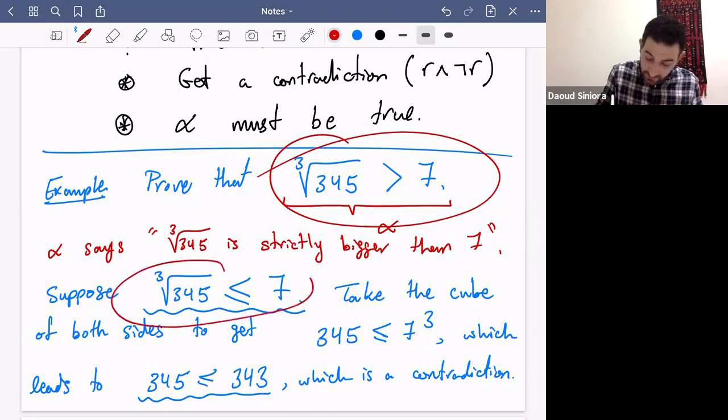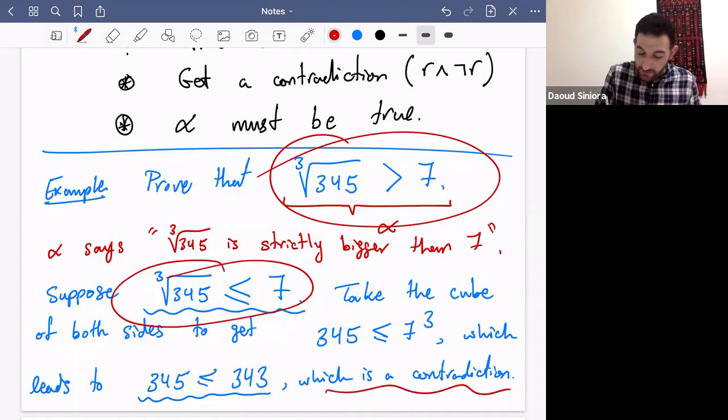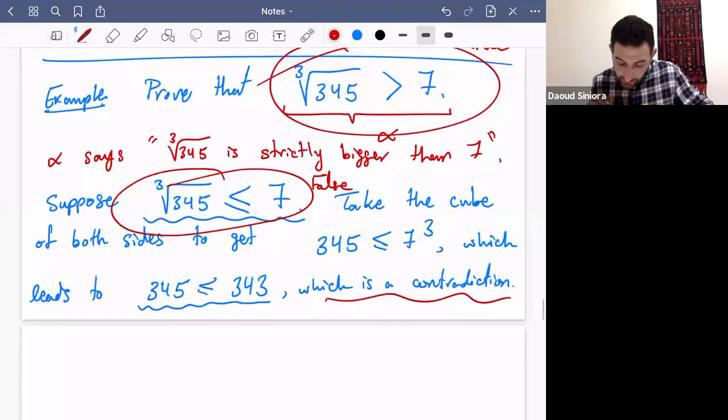So this statement leads to a contradiction, so this statement is false. And its negation is true. This is the negation, and this is the true statement. Okay. You can check, you compute the cubic root of 345 and see that it's strictly bigger than 7.